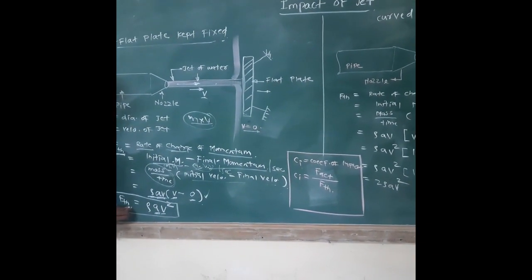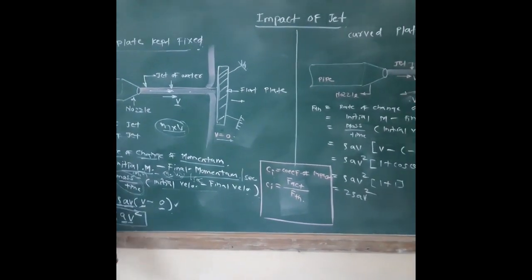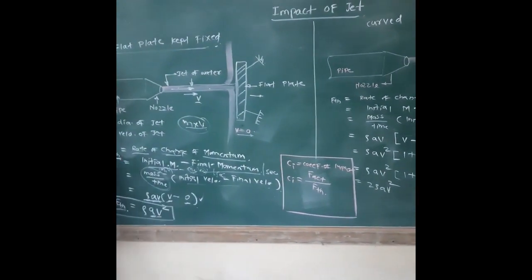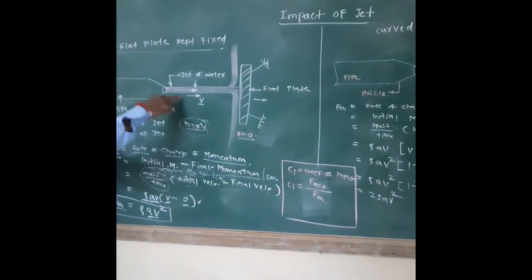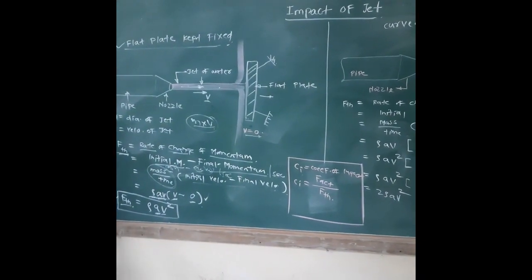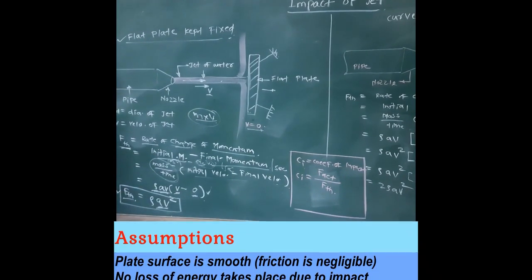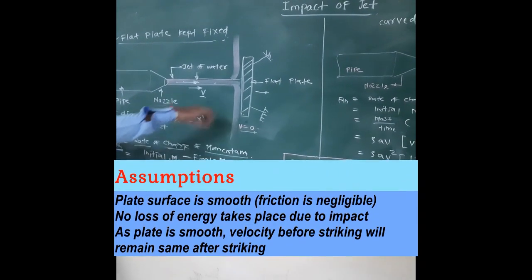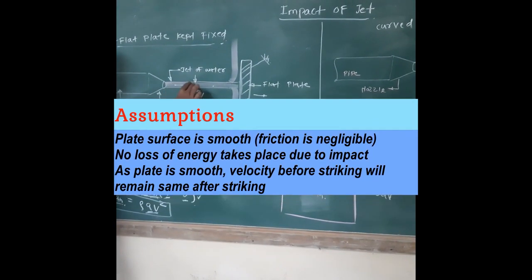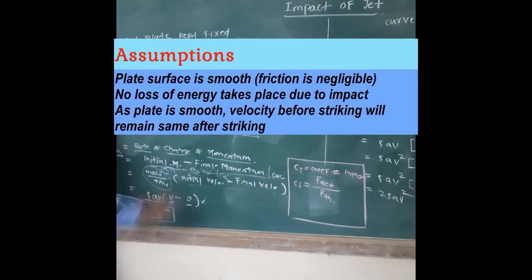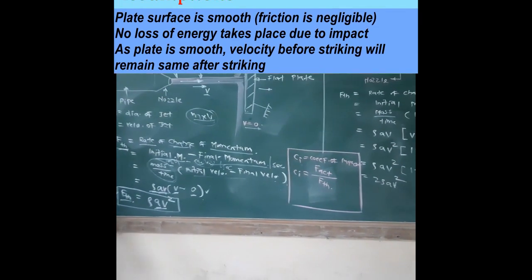Once we have this equation, let us look at the assumptions we made in the impact of jet theory. The theoretical force we get from this equation will always be greater than the actual force acting on the plate due to the stream of fluid jet.